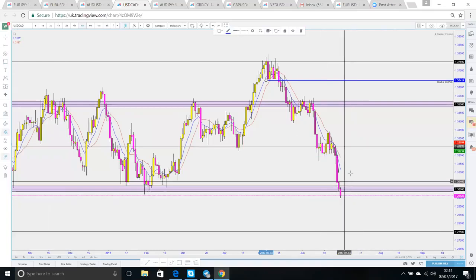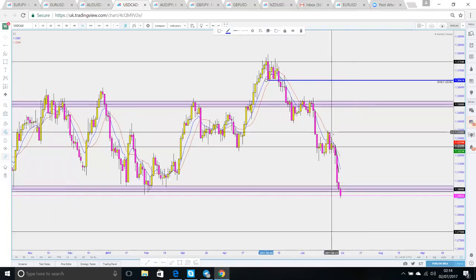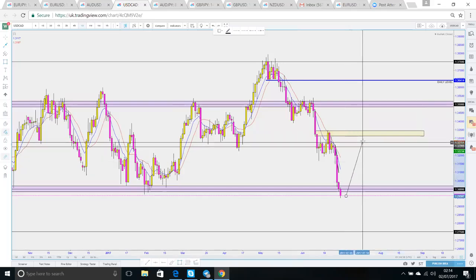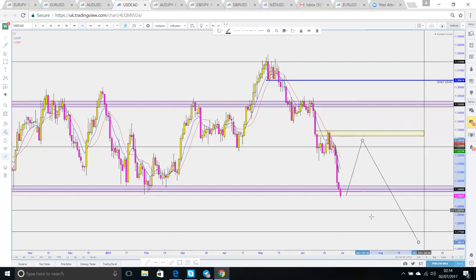So what is the structure right now, guys? Anyone? What do you guys think? Guys, just see this. Even if the price retraces to this level, we're going to the downside.